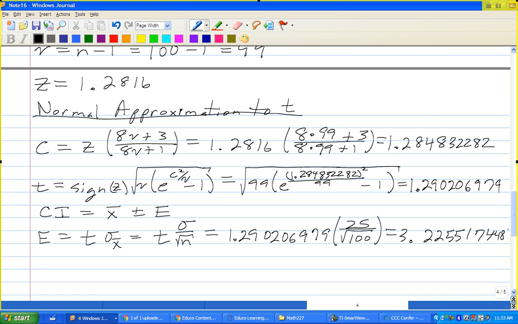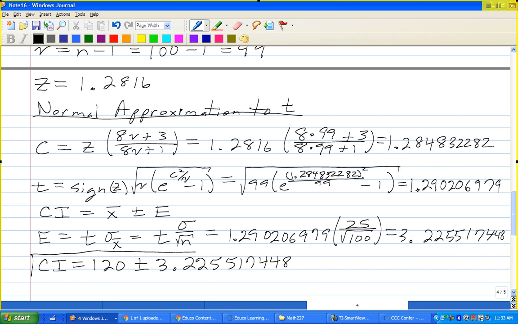You get 3.225517448. Okay, so we get that the 80% confidence interval is just the sample mean, which was 120, plus or minus the error, which we calculated to be 3.225517448.